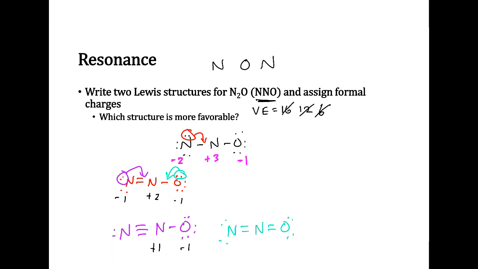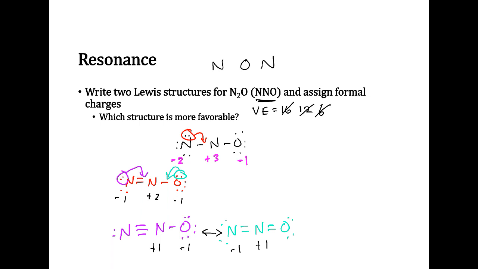Okay, so then here are the two resonance structures. The formal charge would be -1 here and +1 here. So which of these two structures would be most favorable? All right, well, let's start by thinking about what they have in common.